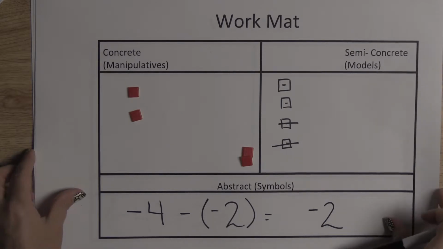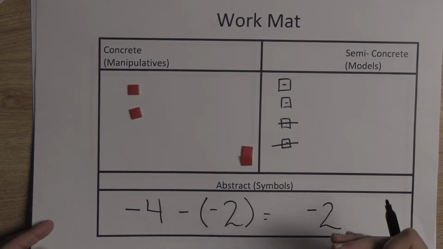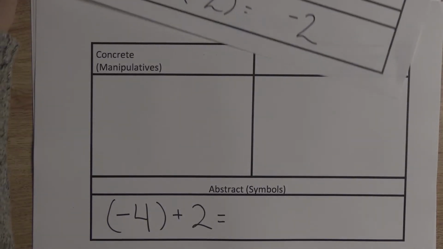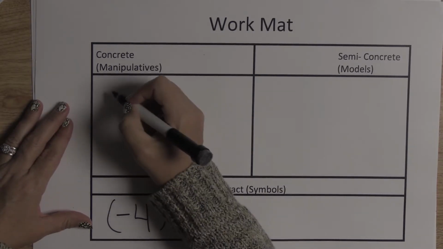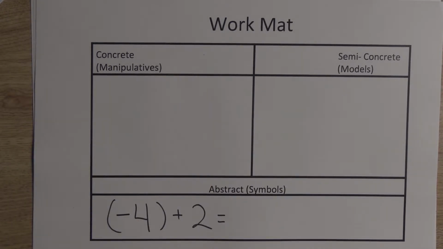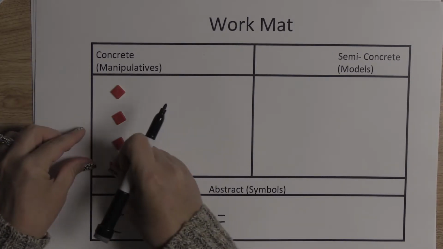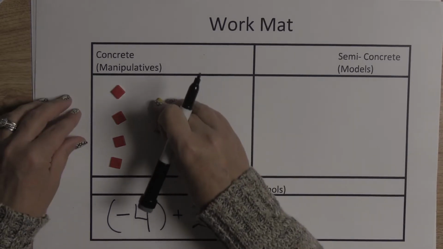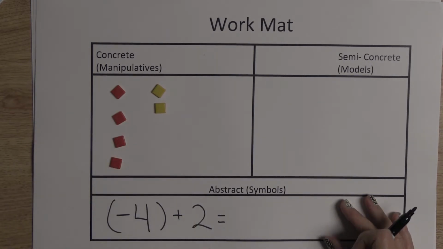Now, I'm going to do the same thing with this, and I'm going to show the opposite with the addition. So, let's talk about this with addition. I have -4, so I'm going to put -4 counters. I'm adding positive 2. So -4 plus 2.